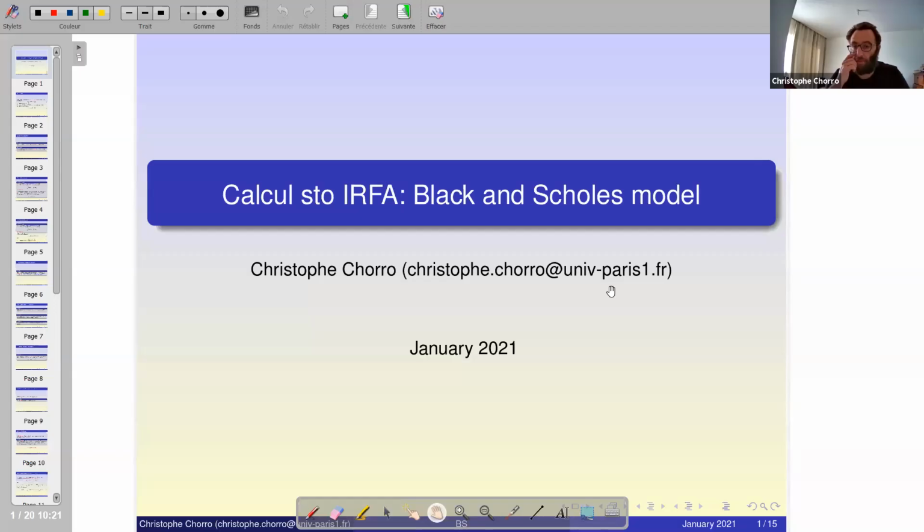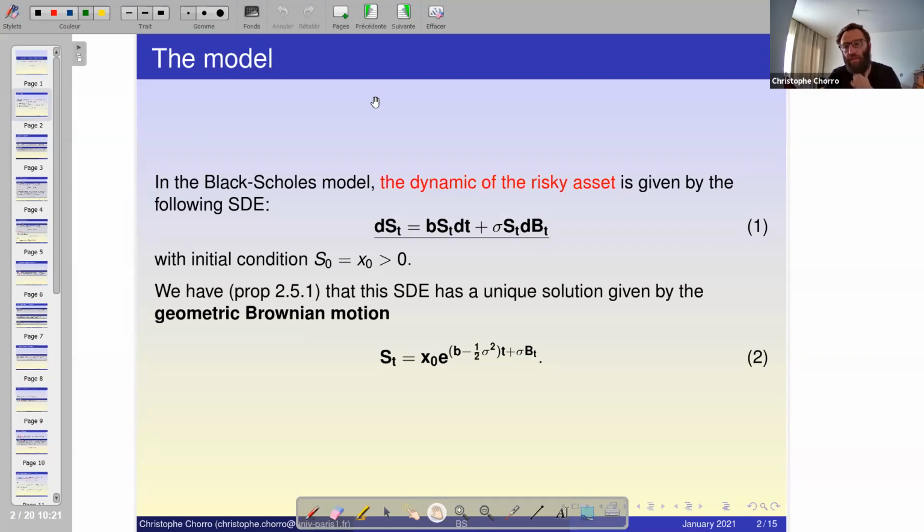Let's split my screen. So I remind you that during the previous session we have started to study the Black-Scholes model. And we have seen several things. I remind you that in the Black-Scholes model, the way I present it, we have one non-risky asset and one risky asset whose dynamic is given by this stochastic differential equation, and I have here a geometric Brownian motion.